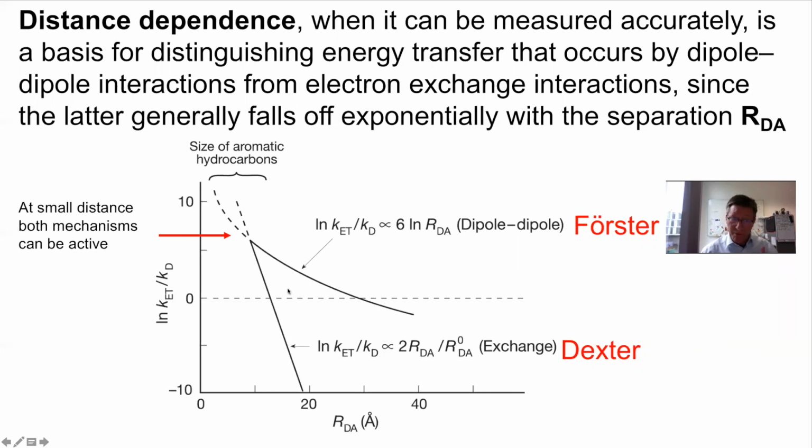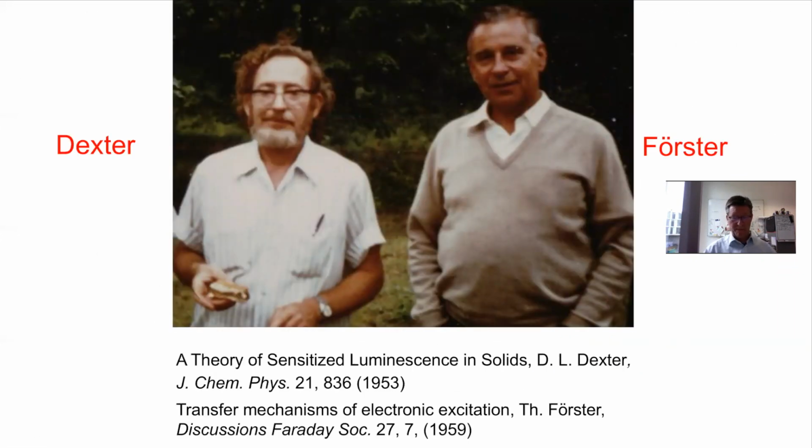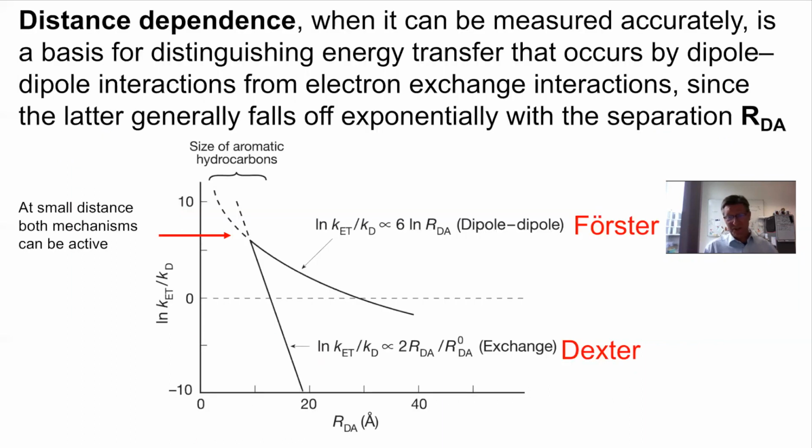There are also papers where, at a small distance, the two mechanisms can operate. So you have a Förster contribution and a Dexter contribution. But that's rare. This is how you can think about the distance dependence of the Förster mechanism and the Dexter mechanism. How can you really determine whether you have a Förster or Dexter? Well, you can, for instance, look at the distance dependence of the rate.